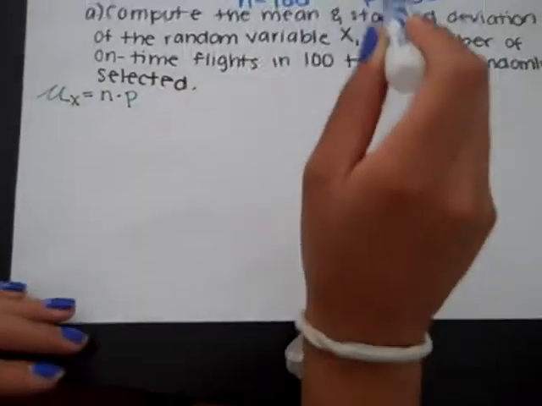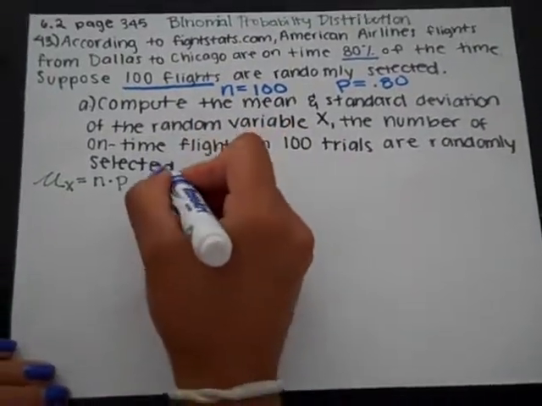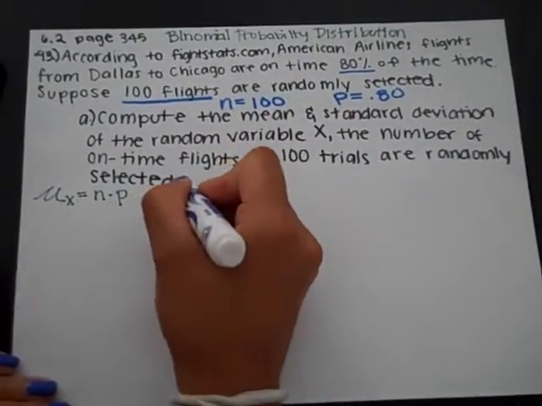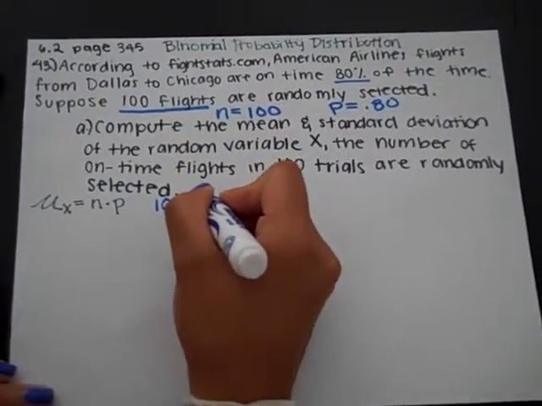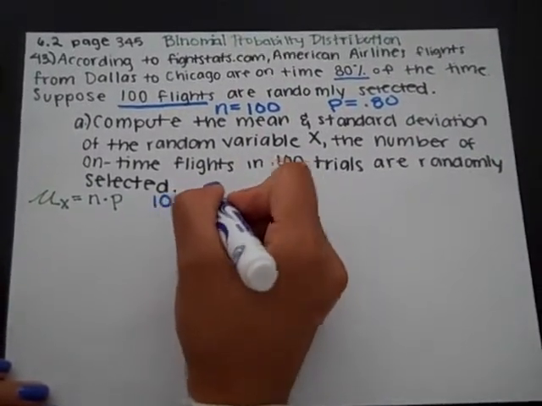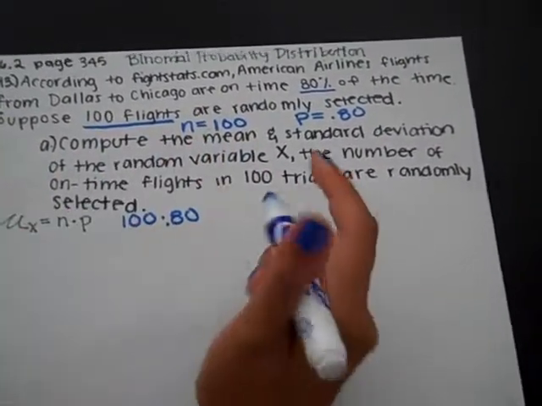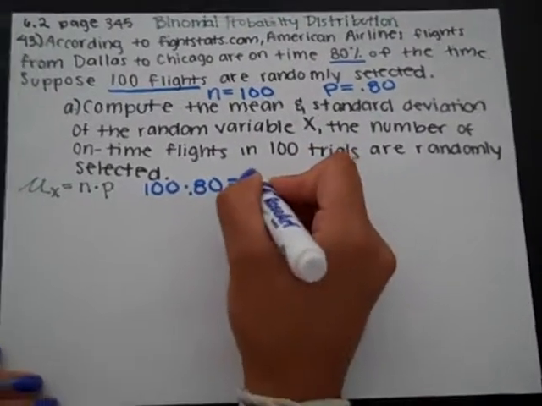So n times p equals 100 times 0.80, I'm sorry, which equals 80.